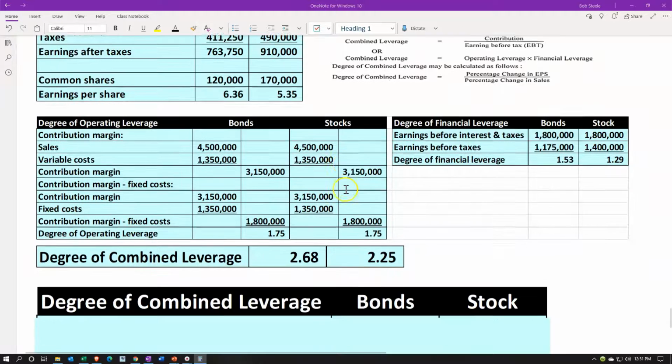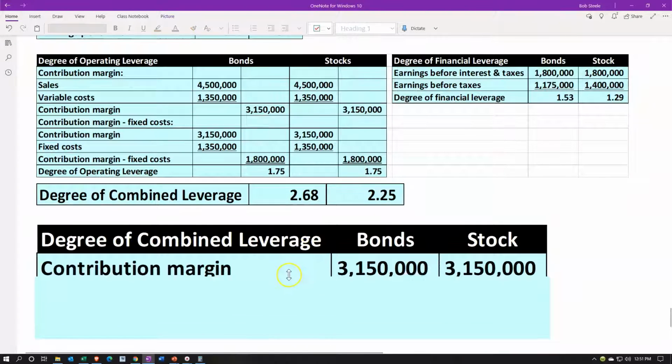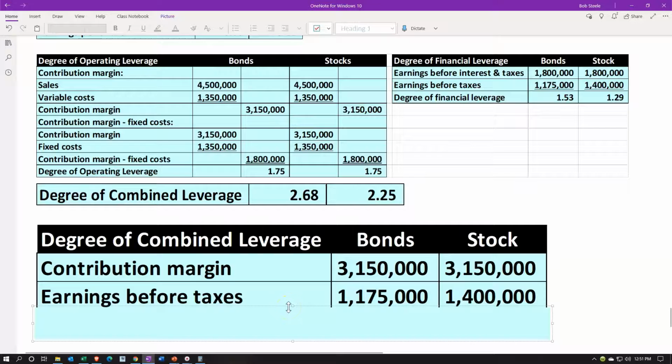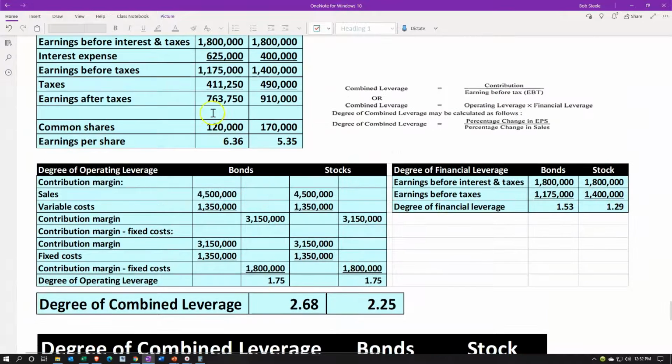We can also calculate the degree of combined leverage by taking the contribution margin, which we calculated up top here, and dividing by the earnings before taxes, these numbers.